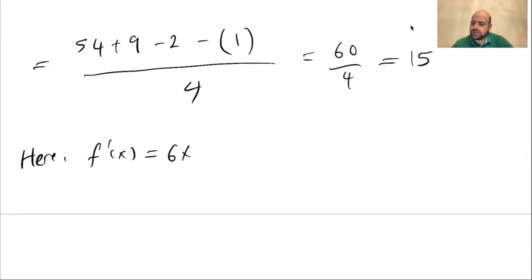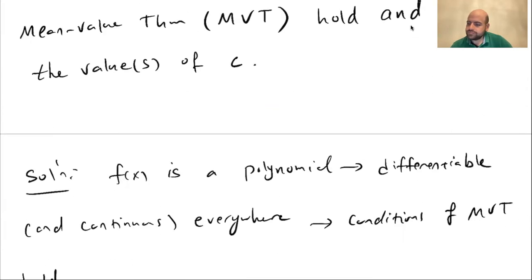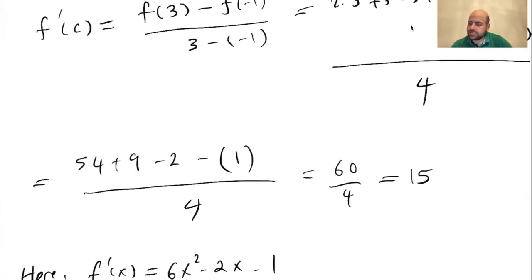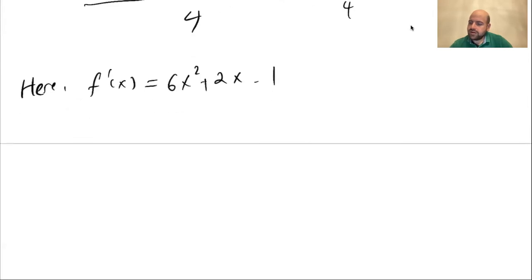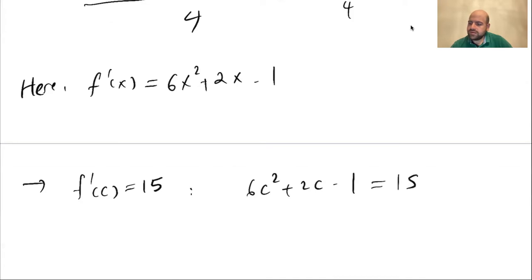So f prime of c equals 15 means 6c squared plus 2c minus 1 equals 15.